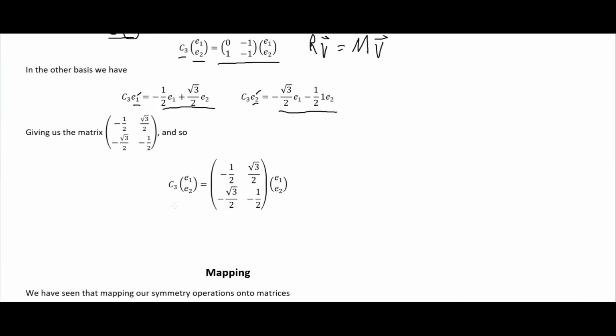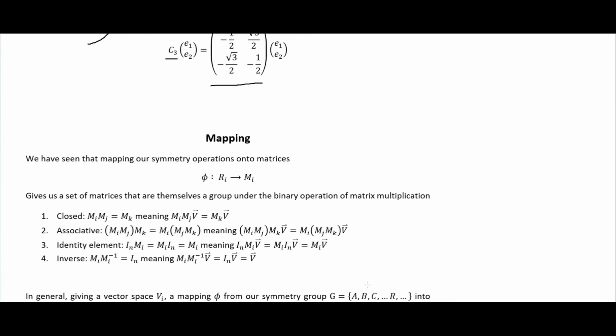And so this gives us this matrix, and that is just one of the matrices that we saw in an earlier video, that we mapped our C3 symmetry operation onto when I showed that set of matrices that were representations of our C3V symmetry group. And so those were isomorphic. These matrices are isomorphic to the C3V symmetry group.